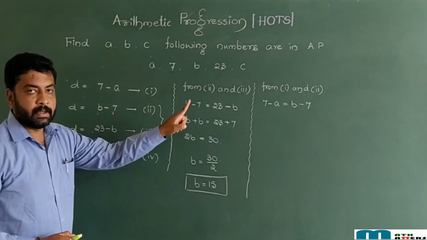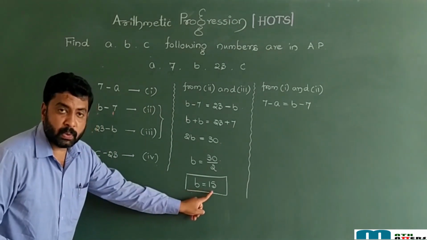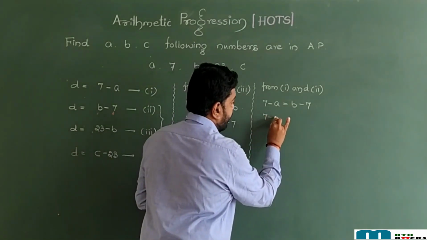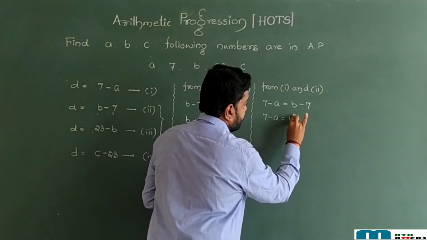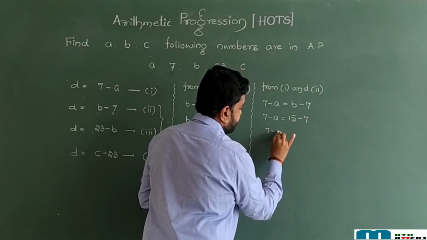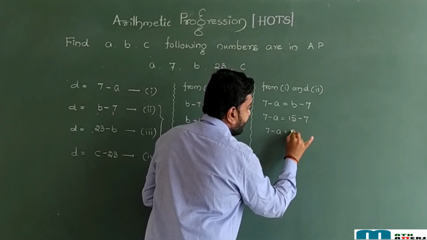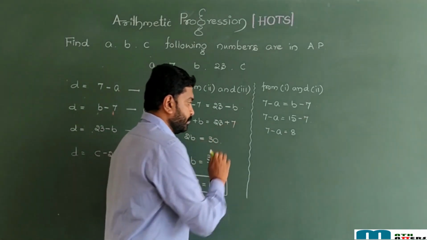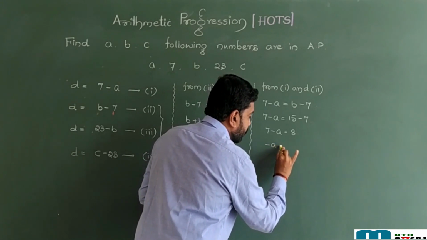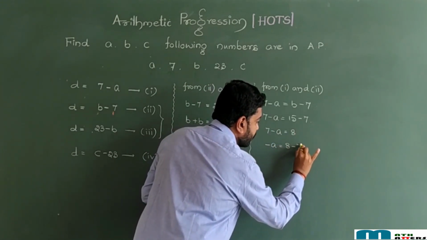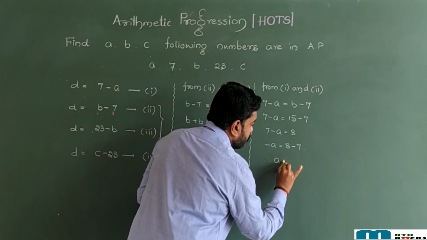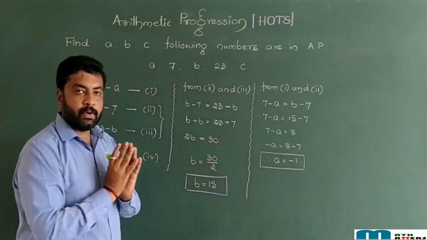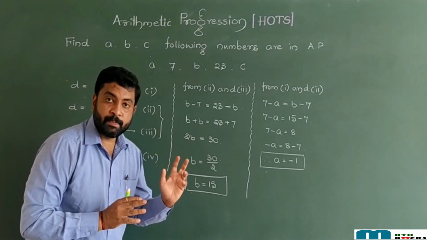Now the b value is known, that is 15. I will substitute. So 7 minus a is equal to 15 minus 7, and this is 8. Now shift it. So minus a is equal to 8 minus 7. Therefore a is equal to minus 1. You got the value of a also.